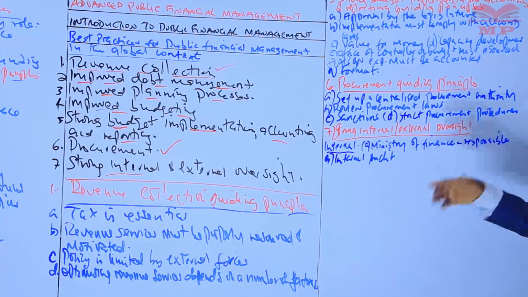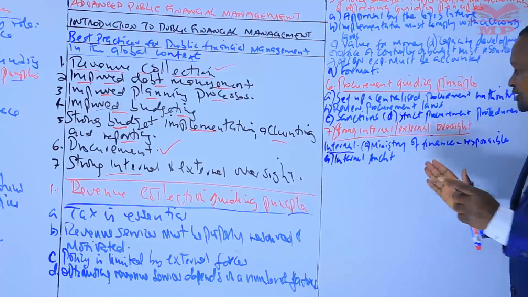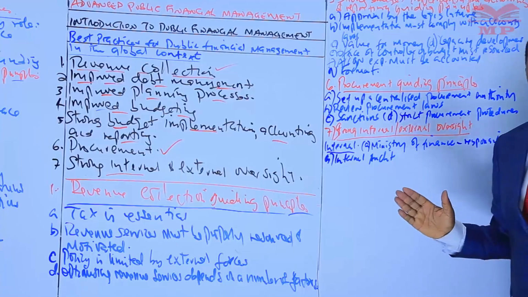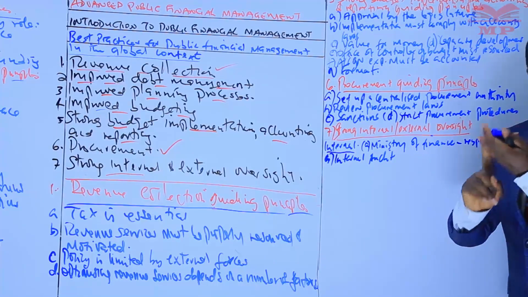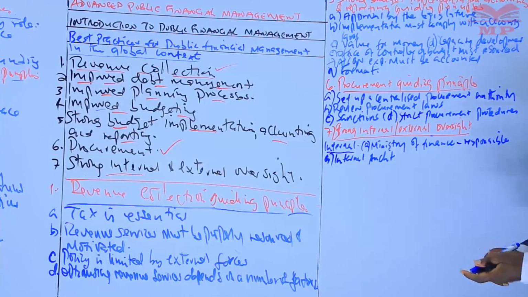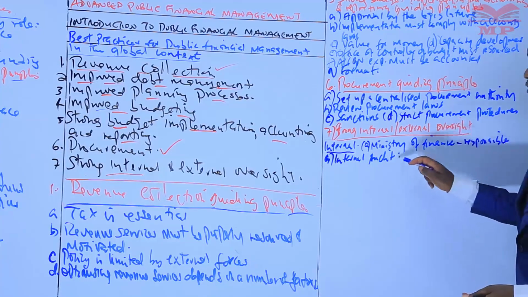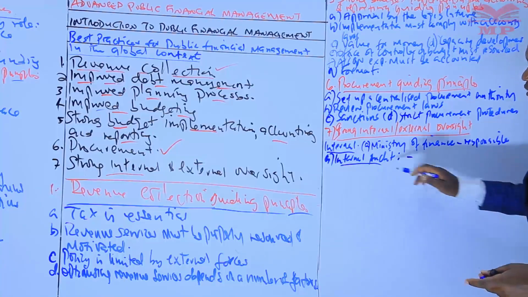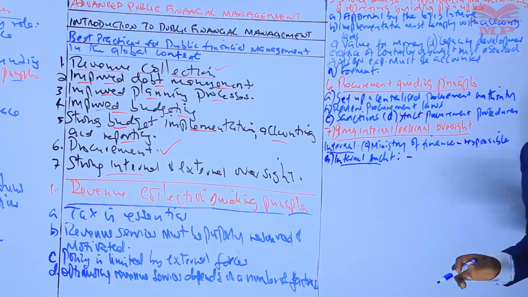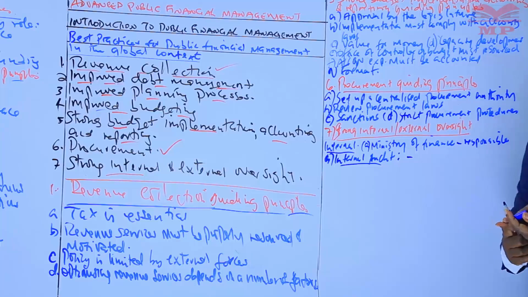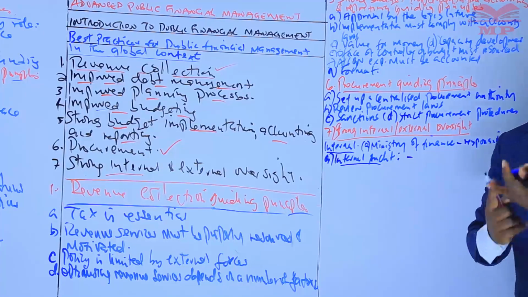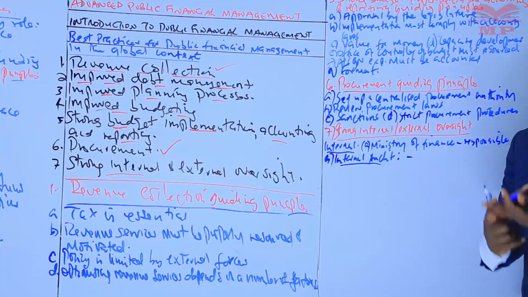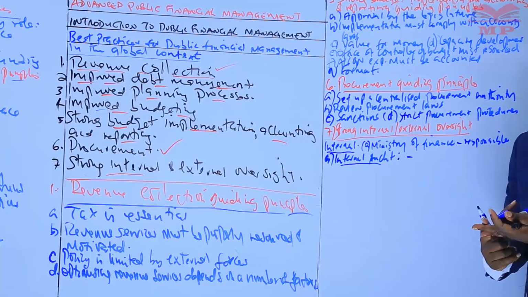The internal audit mechanisms in an organization or in government should ensure that spending is within budgetary provisions. That is another guiding principle under the internal audit function. Number one, spending is within budget provisions. Number two, disbursements comply with the specified procedures.